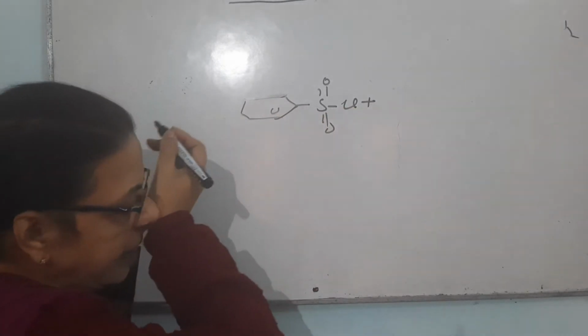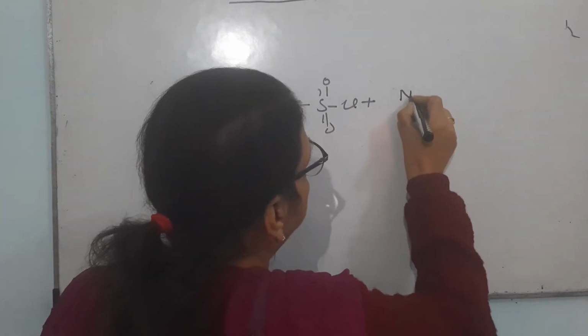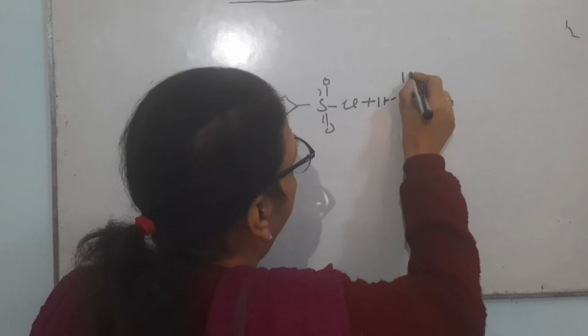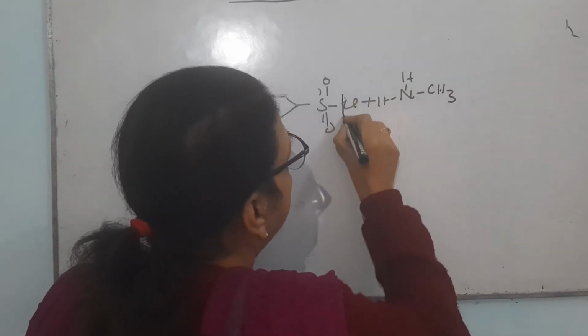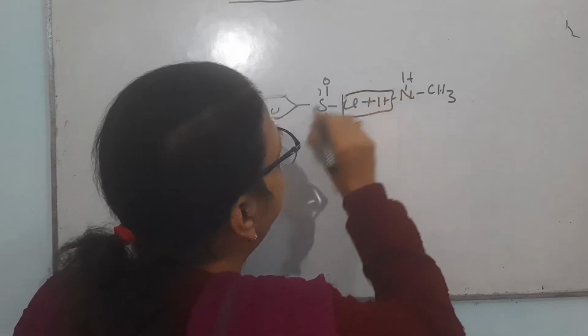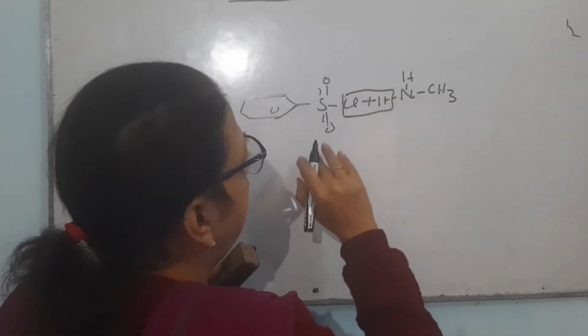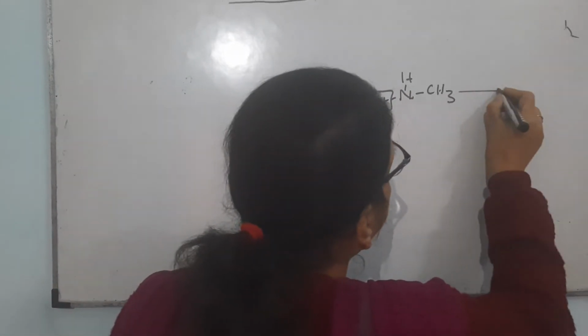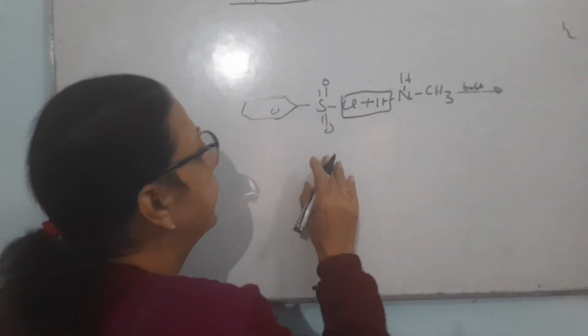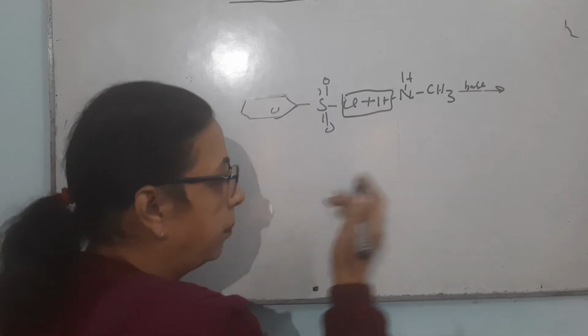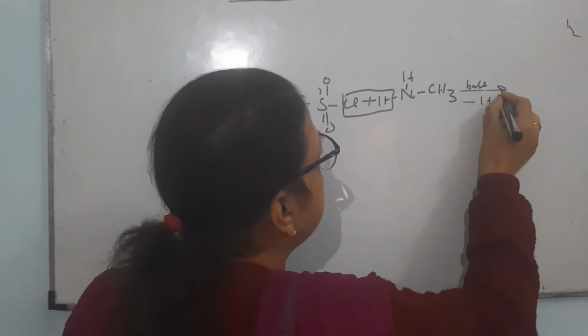The reaction is done with a primary amine, RNH2, with benzene sulfonyl chloride. There will be removal of HCl. The reaction is done in the presence of a base stronger than amines, that is pyridine, which helps in the removal of HCl.